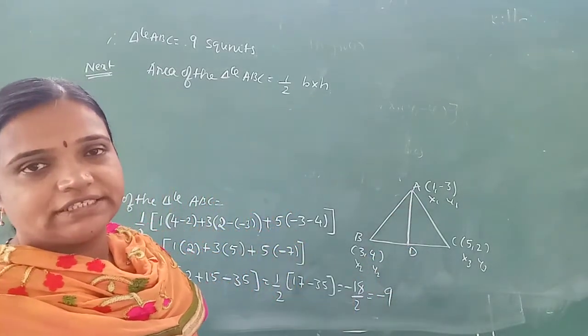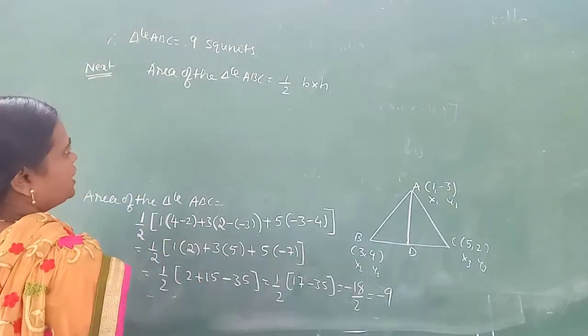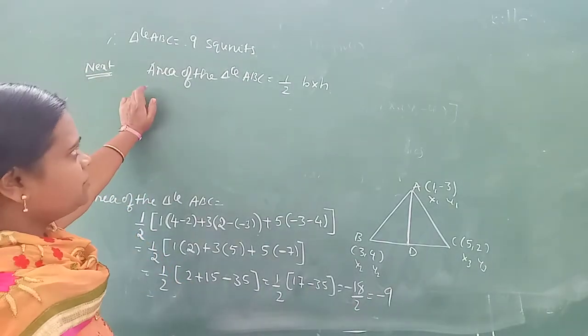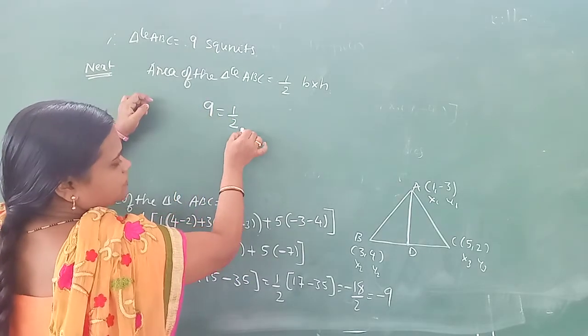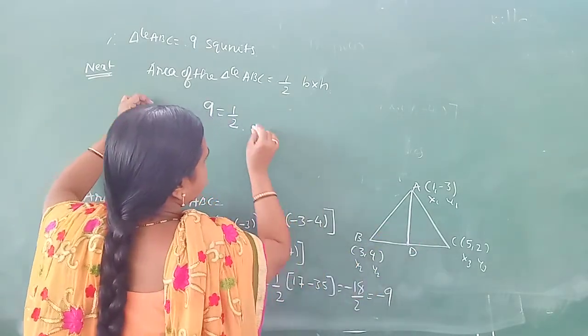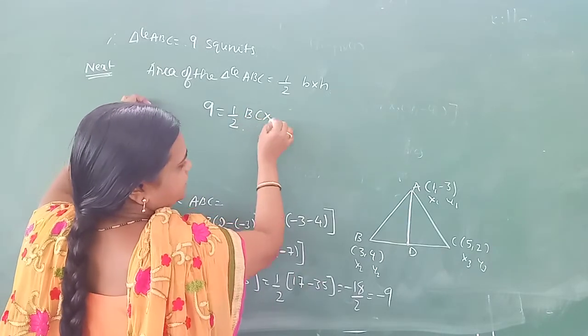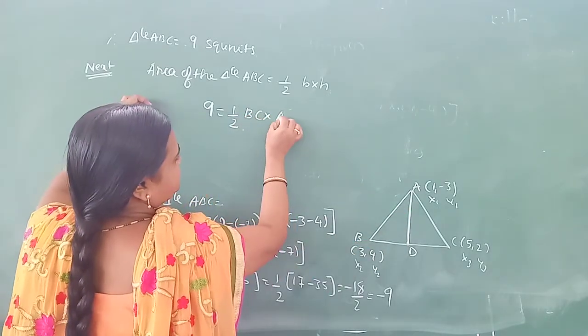Height, or you can say altitude. And already we calculated the area of the triangle ABC. Area of the triangle ABC is what? 9. Half base. What is our base here? BC. Into height. Height is what? AD.